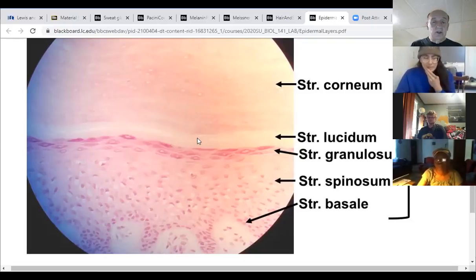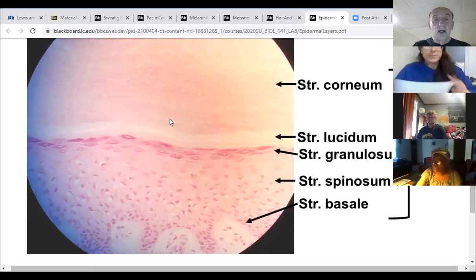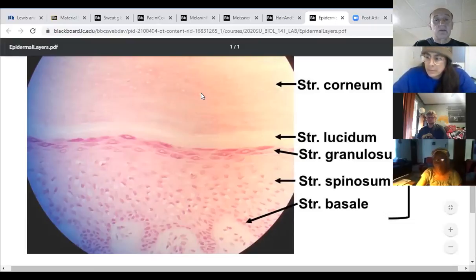Again, the cell layers came about because we are gradually depriving cells of nutrient and oxygen. So the cells slow down first, and then they start dying and creating granules. And by the time of stratum lucidum, cells are totally dead. Further division of the stratum basale will create a thick top layer of stratum corneum, as you see here.